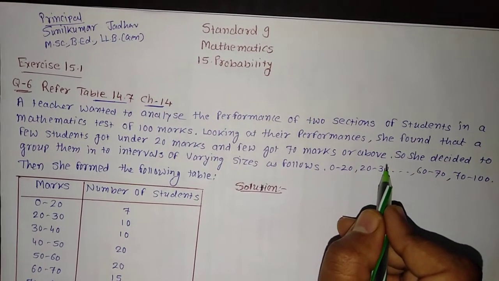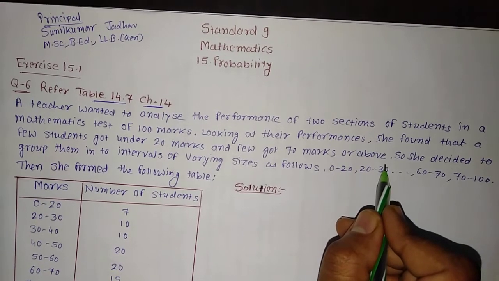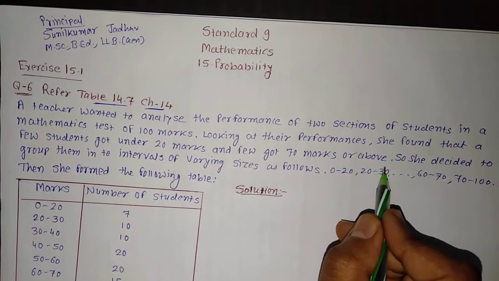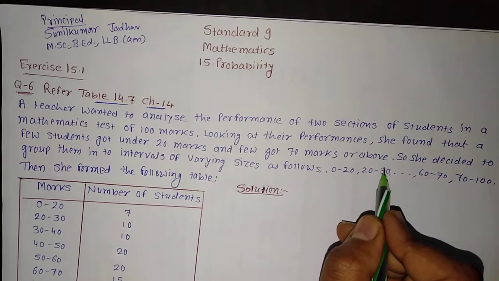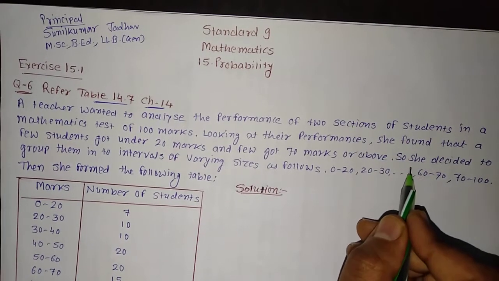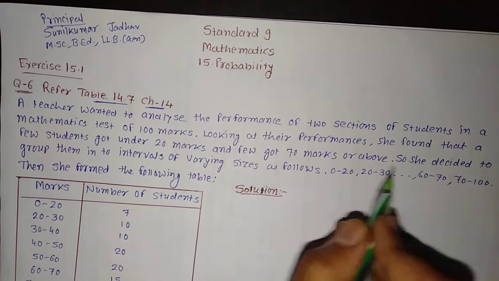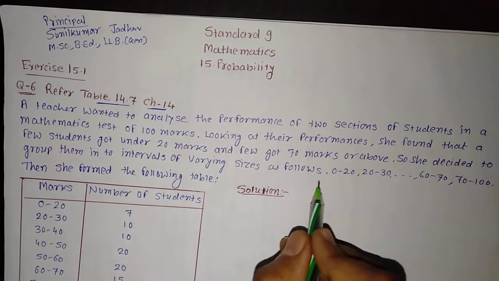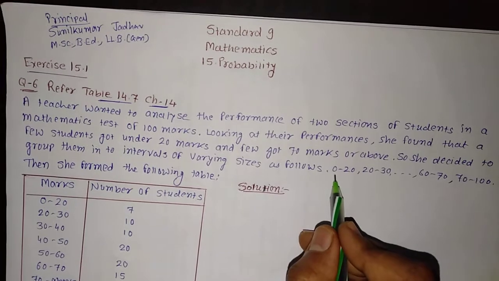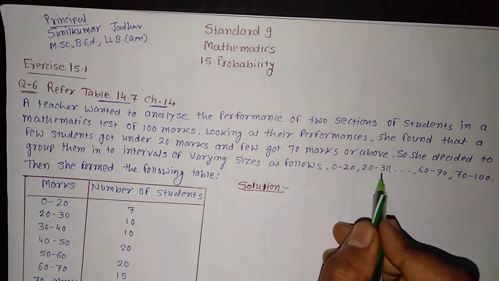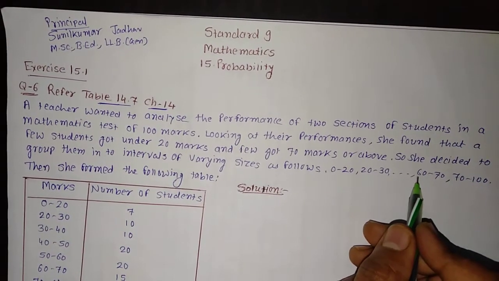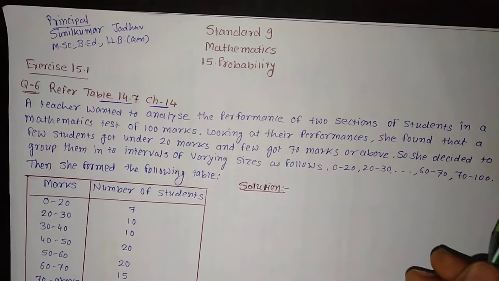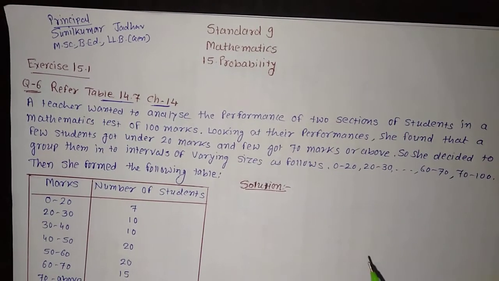Few got less marks and few got more marks. So, she decided to group them into intervals of varying sizes as follows. The intervals given are 0 to 20, 20 to 30, so on, 60 to 70, 70 to 100.